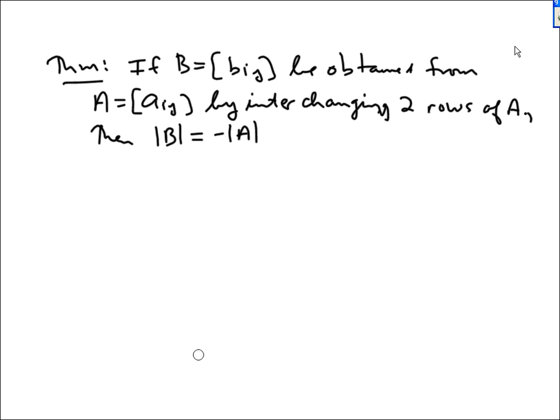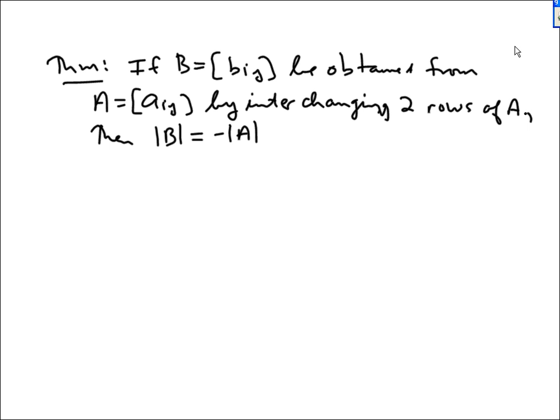before doing that, I probably should have used the example that I just erased, but before proving it, let us actually see that it's true for a matrix and another matrix that was obtained by interchanging 2 rows of the original matrix.